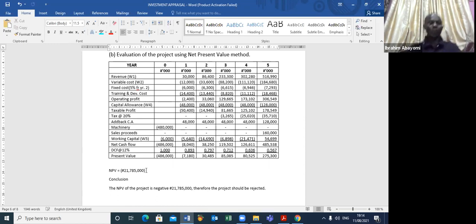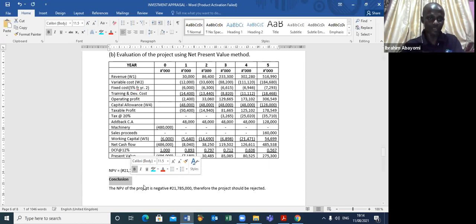Full stop. So that is the computation of our net present value for this project.